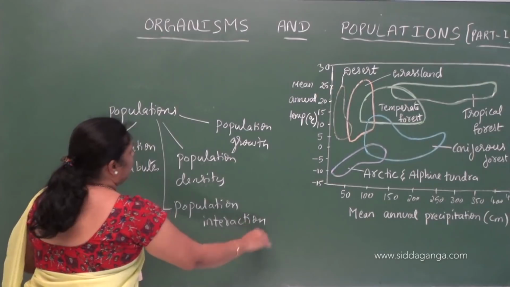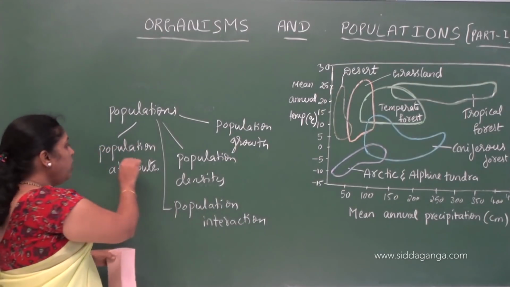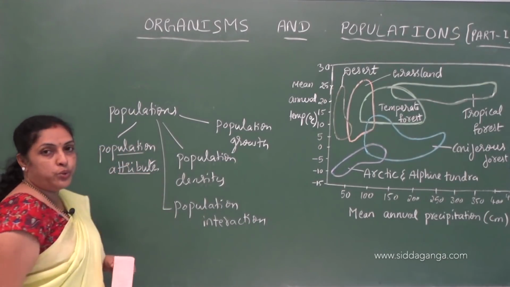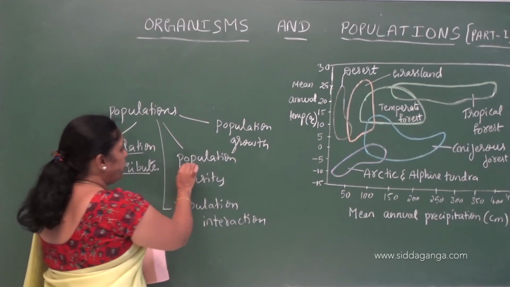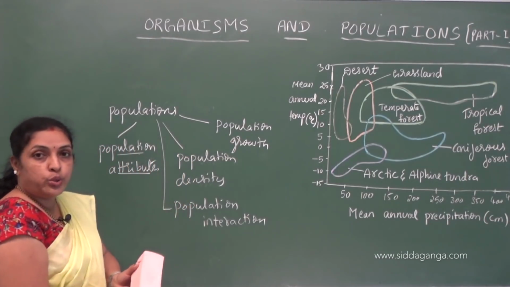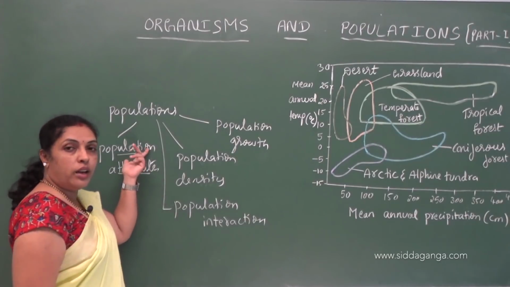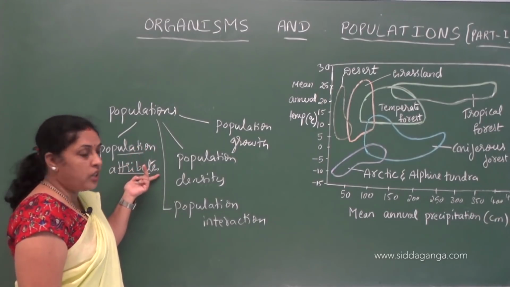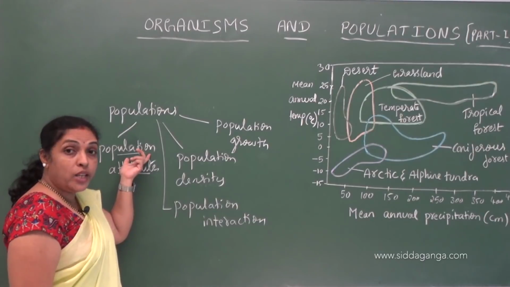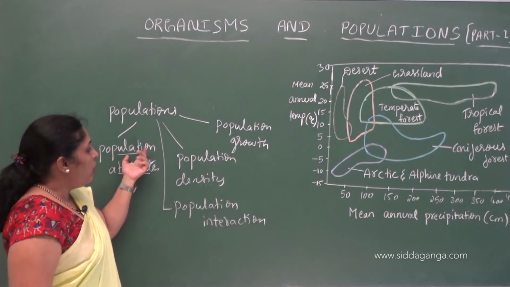In population attributes, we are going to study birth rate, death rate, sex ratio and also age pyramids.